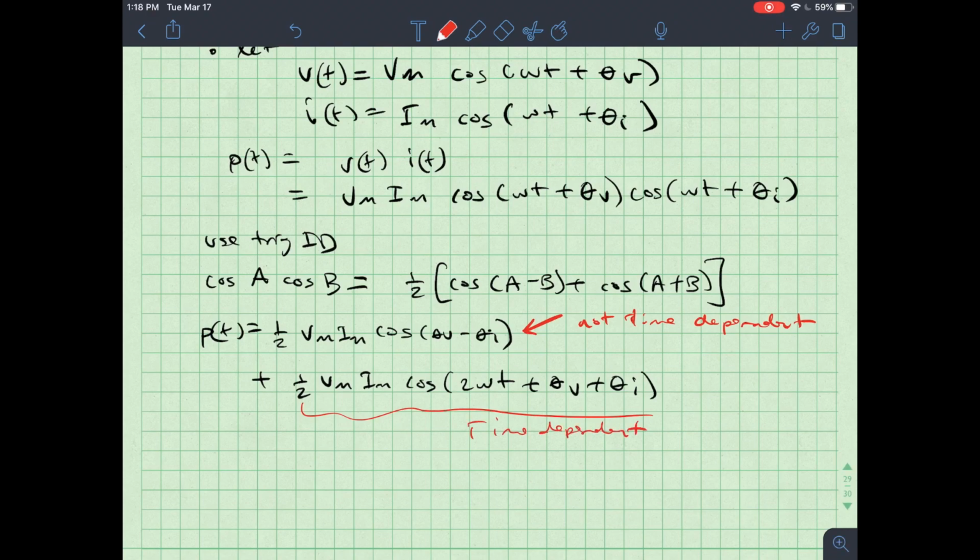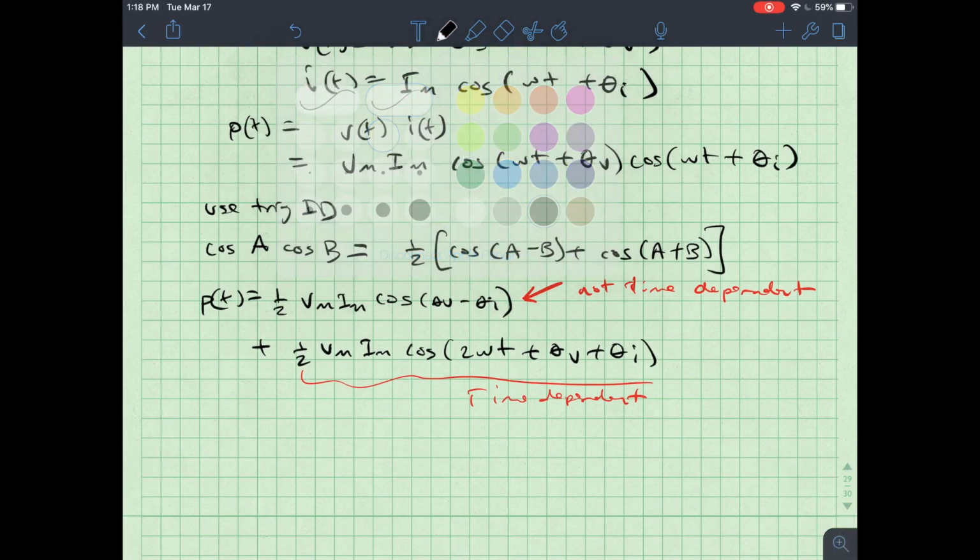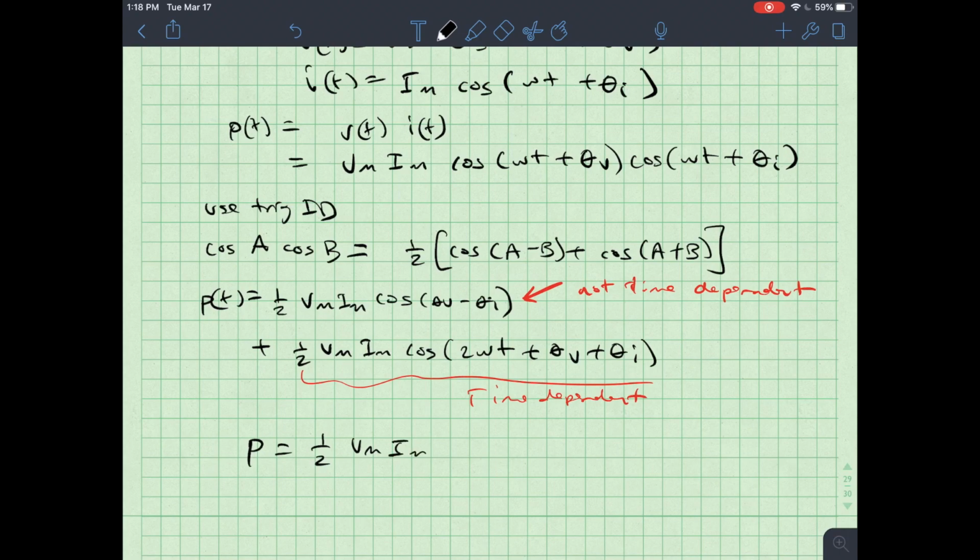And if I integrate that over one full period, what I'll find is that big P is just 1/2 Vm Im cosine of theta v minus theta I, which is equal to 1/2 the real part of V phasor times I phasor complex conjugate.